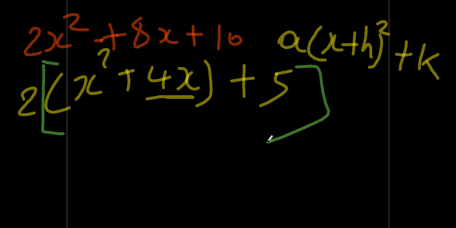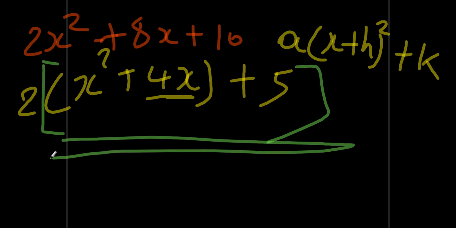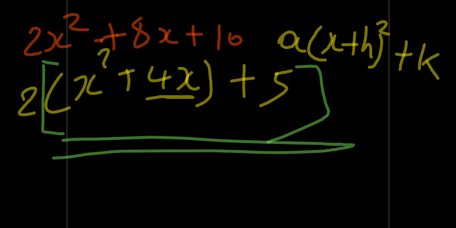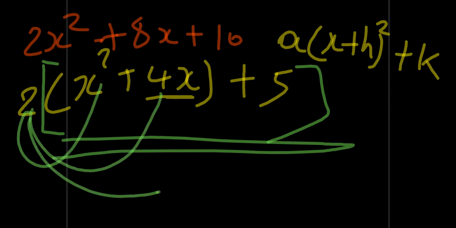And if I were to bring back this factored expression to the original state, then remember I would have to distribute 2 to each term in this bracket. And so everything should be multiplied by 2, therefore I must bracket everything. These are in parentheses because I am separating them from this constant. However, all of these terms should be in brackets as they will be multiplied by this coefficient to get back the original thing. Alright, so let's go.